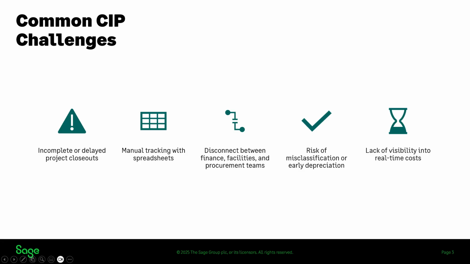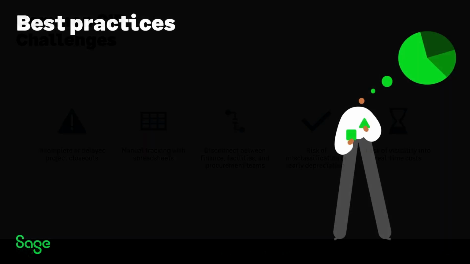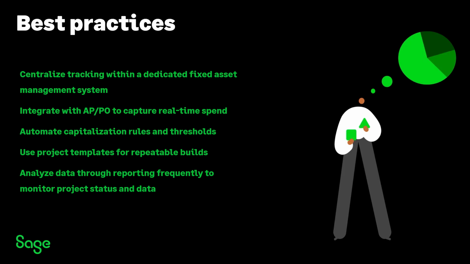Another again is the disconnect between finance, facilities, and procurement teams. Again, I can't stress enough that CIP is a cross-functional effort, and that it's not just finance. And oftentimes I see where it's laid onto finance, but the communication is still missing, right?